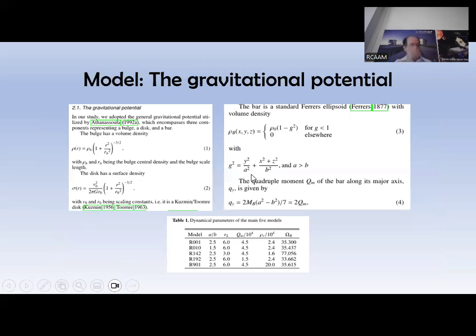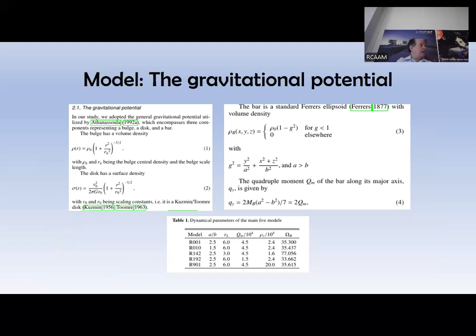So what we did now, we have models in our hard disks. This is one of the most popular ones. It is a typical Ferrers bar, as you know, studied by many authors.